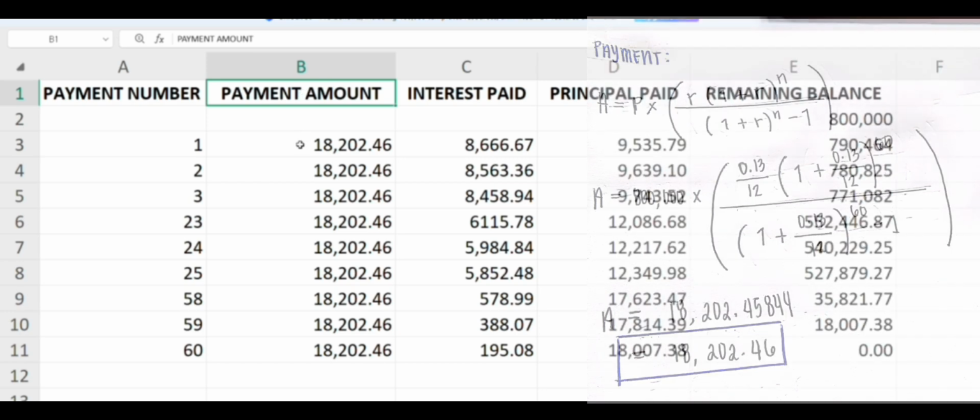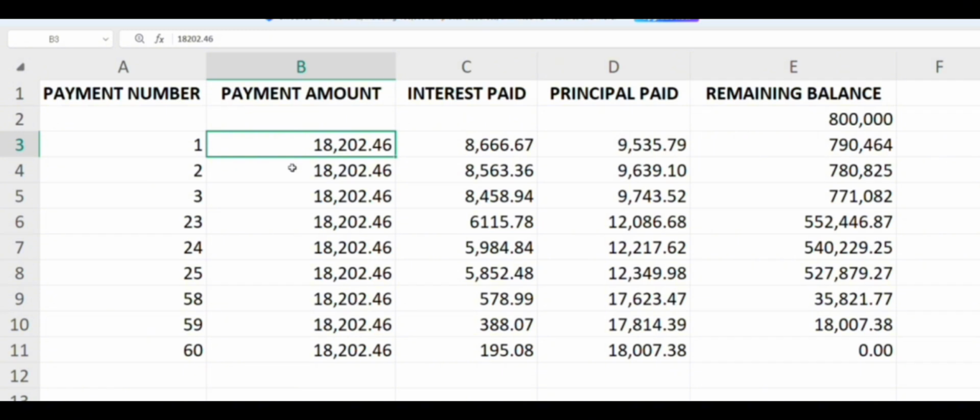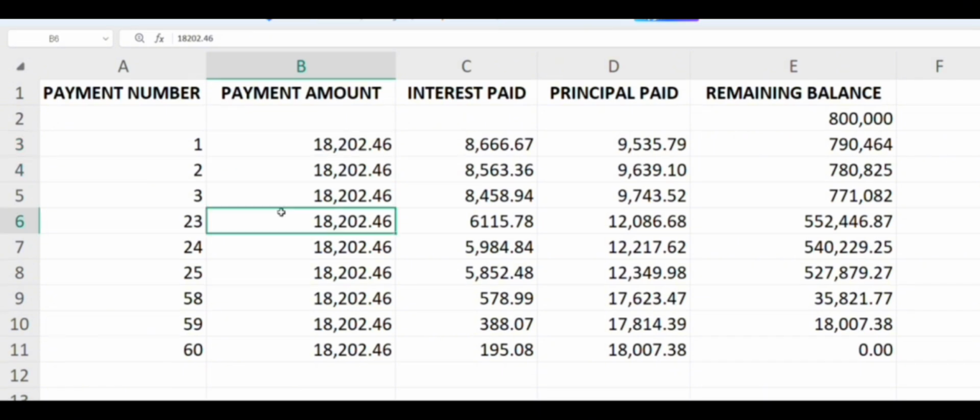So that would now be the value of our payment amount in the first month, second month, third month, until it reaches the 60th month, and all the values would now be 18,202.46.